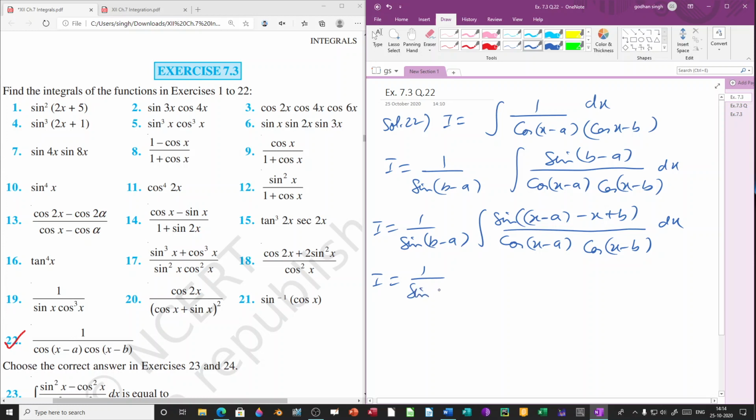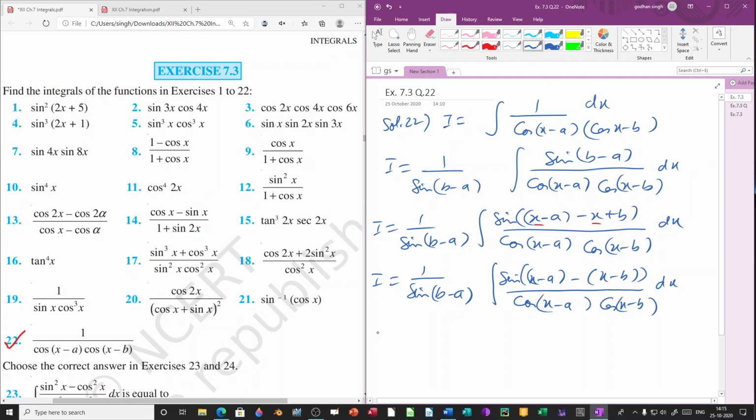If you simplify it, x minus a minus x plus b becomes x minus a minus x minus b, so we take out minus common from both. We write this as sin of x minus a minus x minus b, over cos x minus a into cos x minus b dx. What we have done simply here was added and subtracted x, so there is no change here at all.